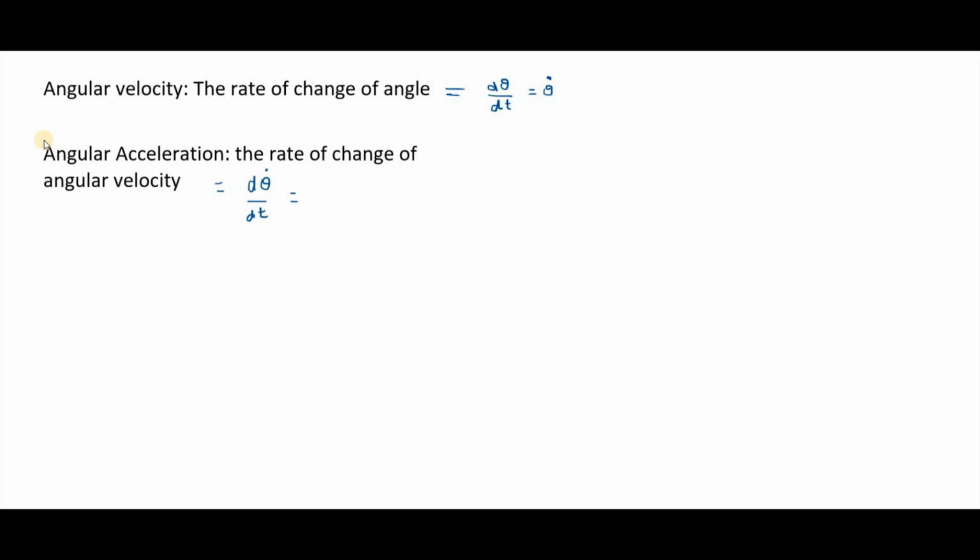Substituting the value of theta dot, that is d theta divided by dt, d by dt of d theta by dt is d square theta divided by dt square, or briefly we can write it as theta double dot. So please remember, velocity is x dot, acceleration is x double dot, angular velocity is theta dot, and angular acceleration is theta double dot.